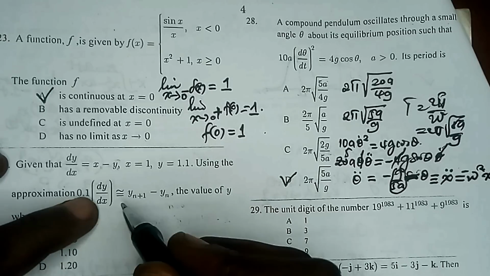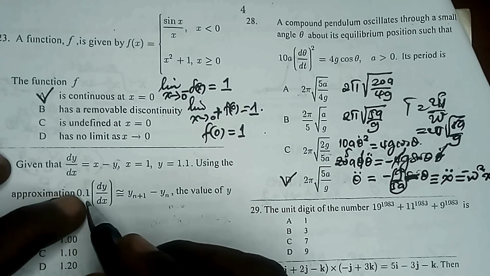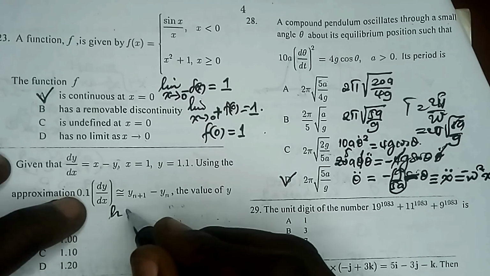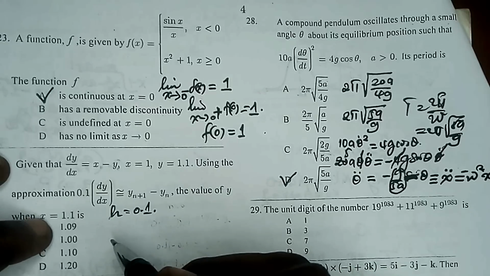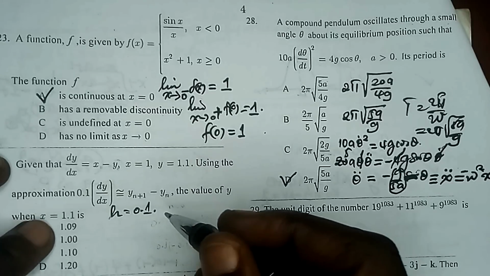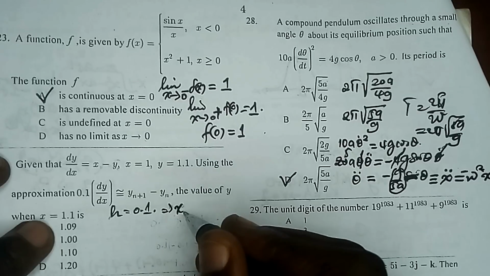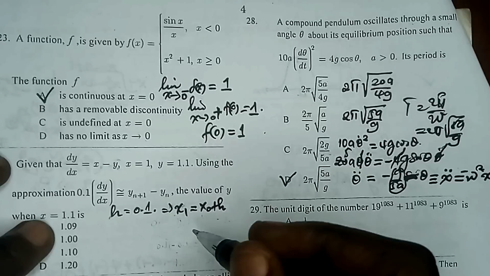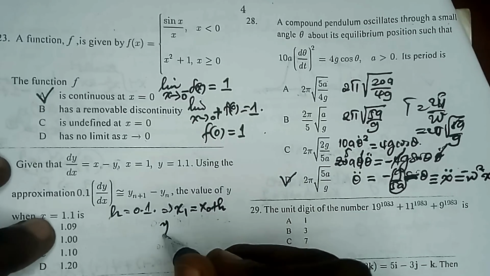Actually, this is Euler's formula, and this coefficient of dy dx is always h, the step length. So h equals 0.1. And the fact that x is 1.1 while x naught is 1 implies that it is x1 we are dealing with, because x1 is supposed to be x naught plus h. And so the corresponding y value for this should be y1.